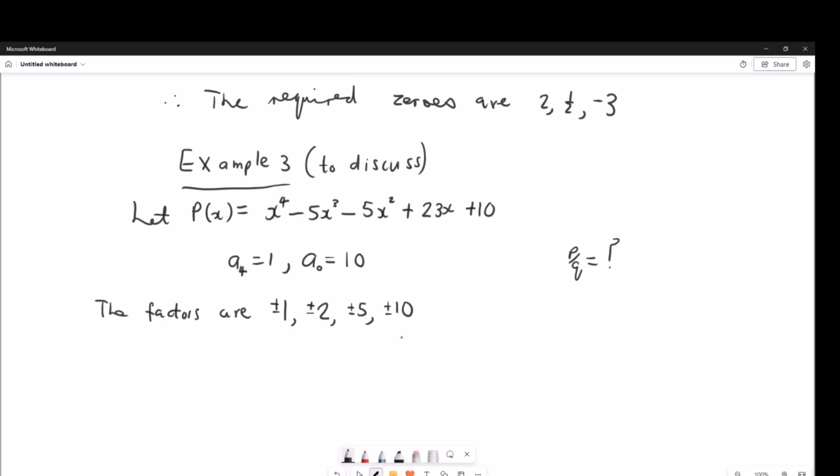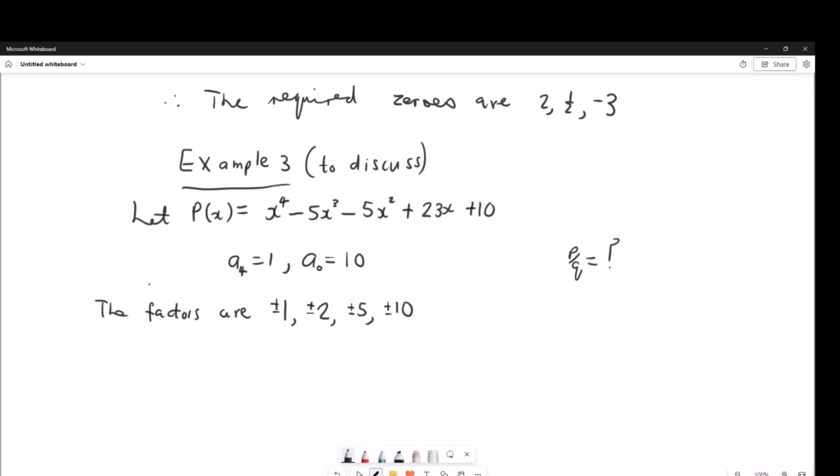You can see 10 over plus or minus 1 is plus or minus 10. Plus or minus 5 over plus or minus 1 is plus or minus 5. Plus or minus 2 over plus or minus 1 is plus or minus 2. And plus or minus 1 over plus or minus 1 is plus or minus 1.